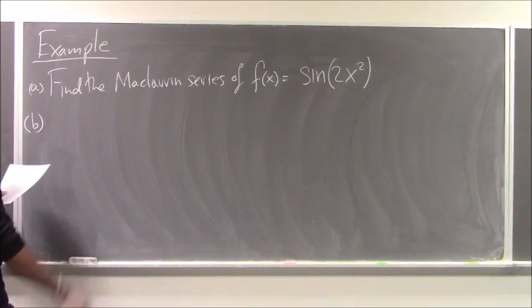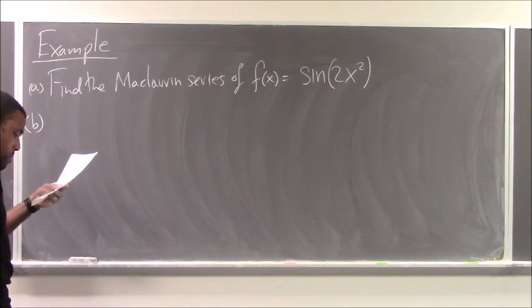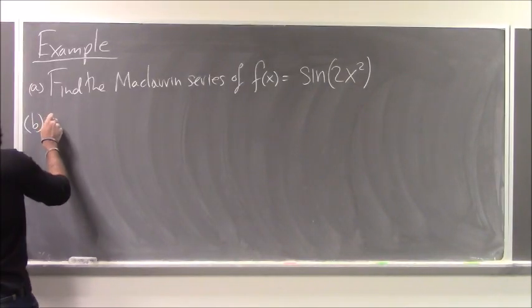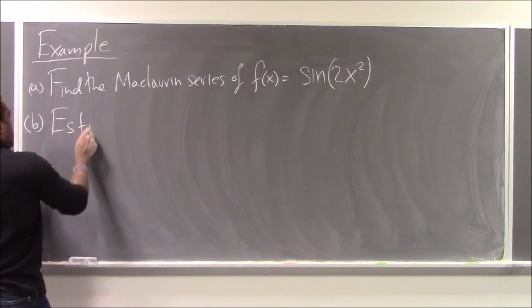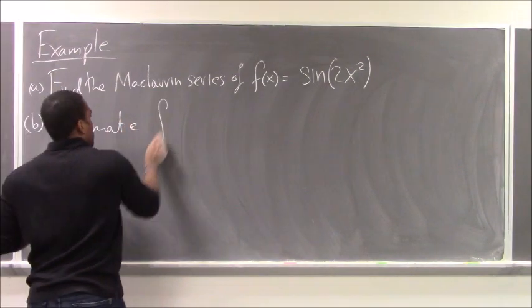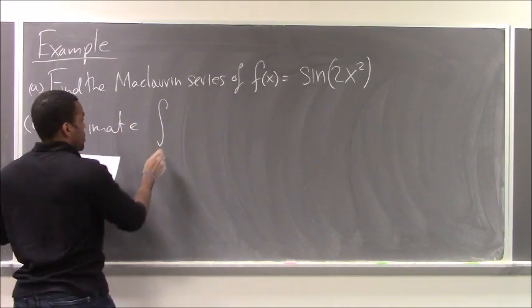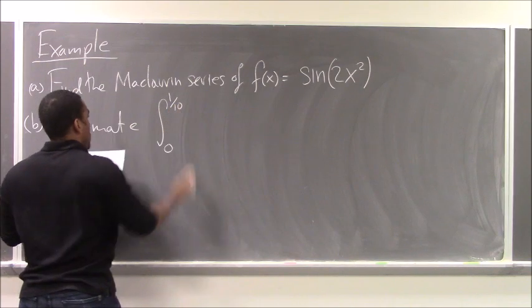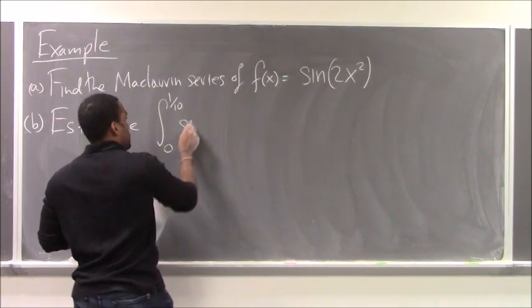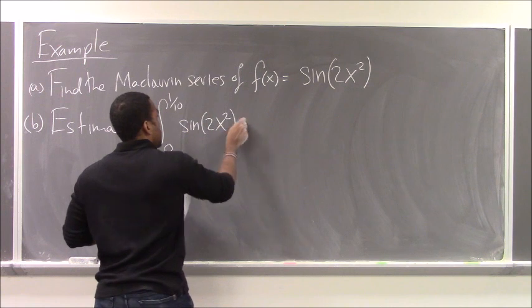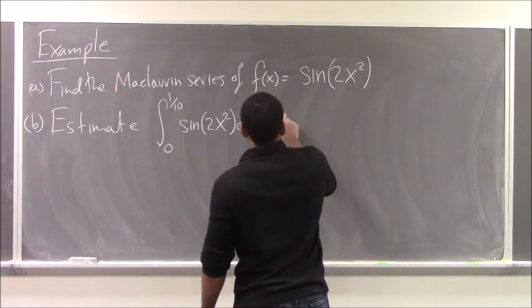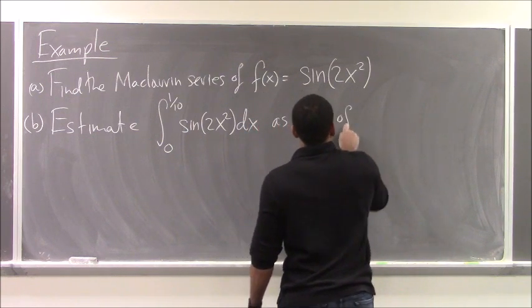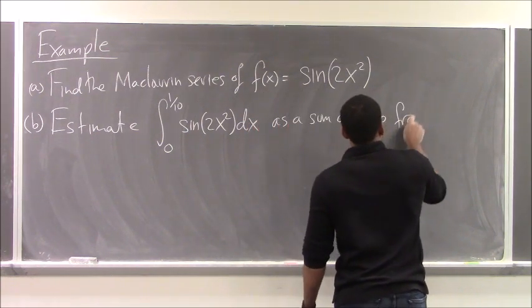B. Estimate this integral. The integral from 0 to 1 over 10 of sine of 2x squared as a sum of two fractions.